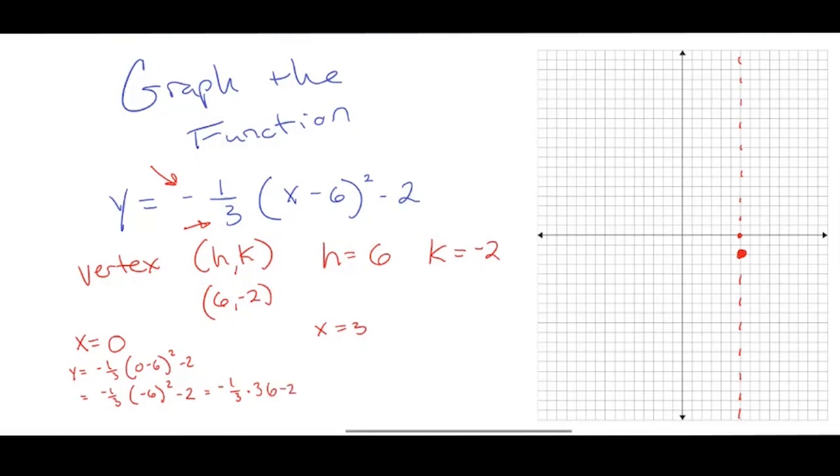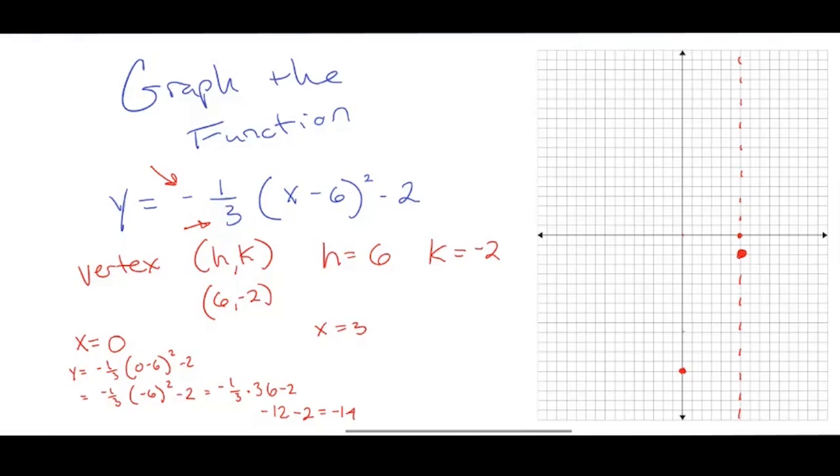Well, -1/3 of 36 is like dividing it by -3. So 36 divided by -3 is -12, minus 2 is equal to -14. So my next point is going to be (0, -14). So starting at the origin, I'll go down 14. All right. So that'll be my next point there.